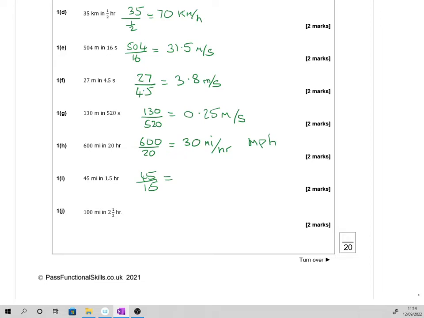Yeah. So 30 miles per hour. 100 divided by 2.5 is 40 miles per hour.